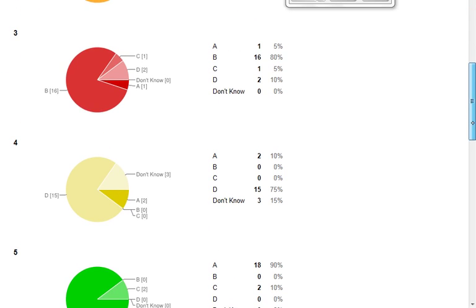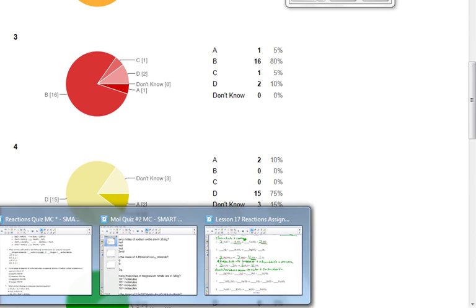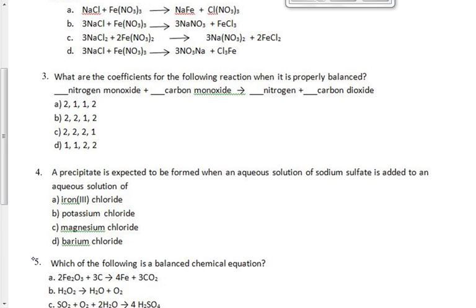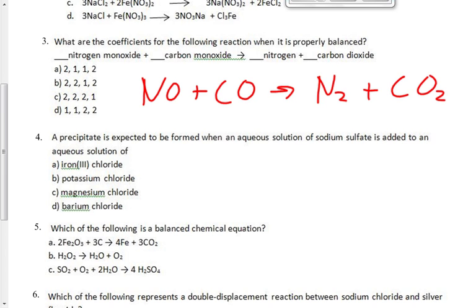We got a bit of a smattering there on number 3, so we'll have a look at that one. What are the coefficients for the following reaction? Here's what we need to do. Listen up here, guys. Nitrogen monoxide is NO plus CO gives me nitrogen gas plus carbon dioxide. You can see we've got the odd-even problem here with the oxygen.